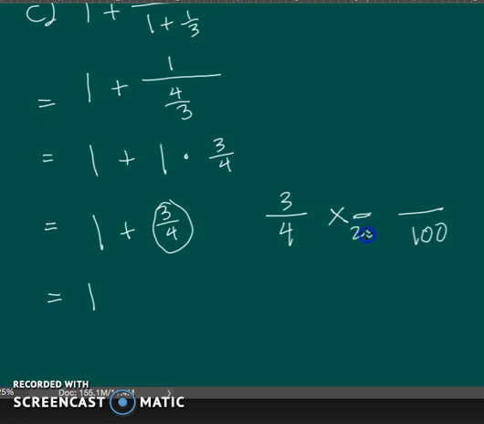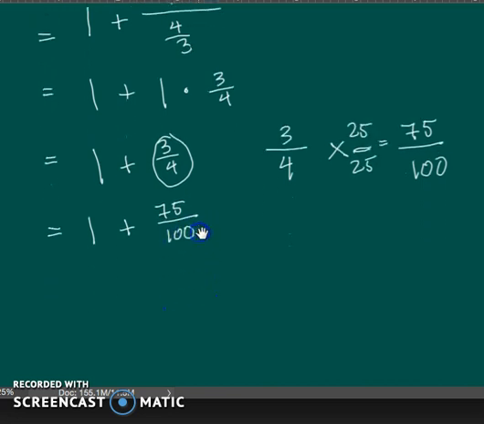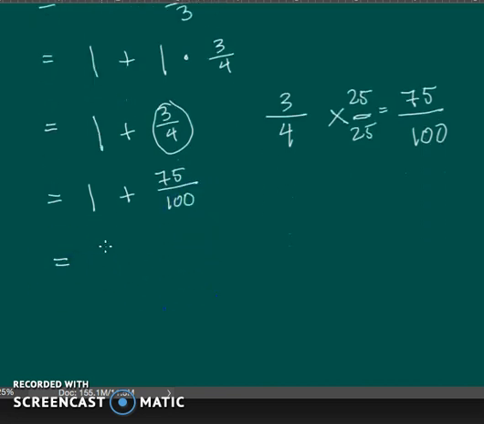So 4 times 25 is 100. 3 times 25 is 75. So 1 plus 3/4 is the same as 1 plus 75 over 100, which is the same as 1 plus 0.75, and I can rewrite this as 1.75.